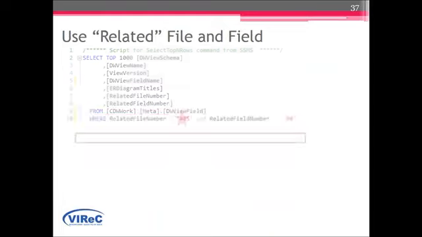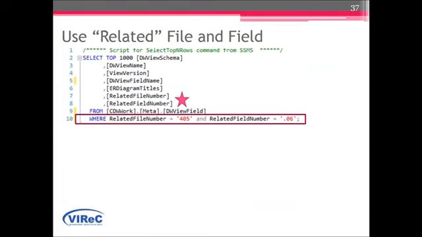So inside the CDW, the way that this is referred to is in the, quote, related file number and the related field number. So we had file number 405 when we were looking at it in VistA, and we had field number 0.06 when we were looking at it in VistA.